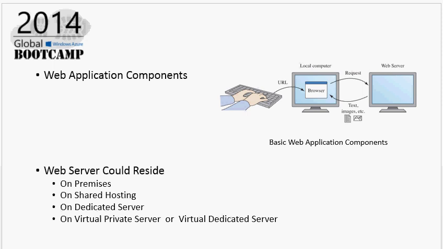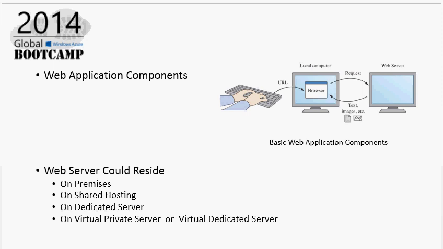There is one more type of hosting called co-located hosting. It is very much similar to a dedicated server. The only difference is the hardware is also owned by you. What you do is you take your hardware and you place it in a data center where you actually pay for the maintenance and bandwidth.